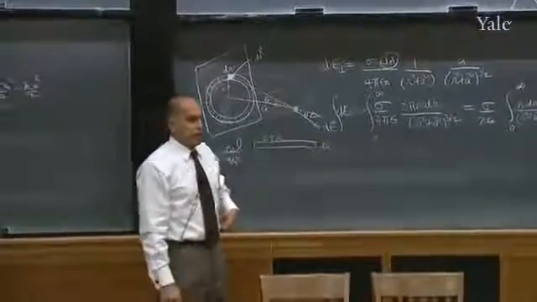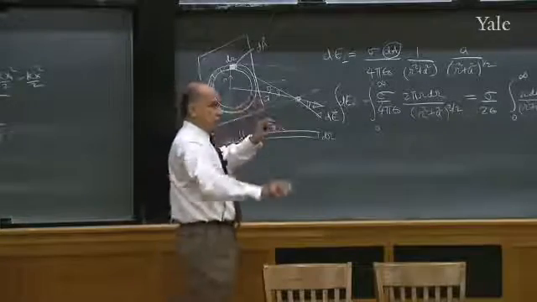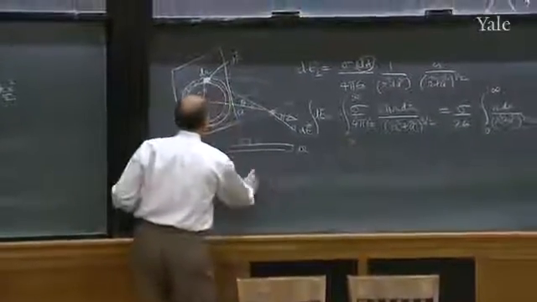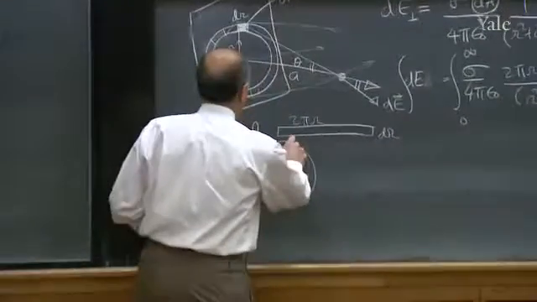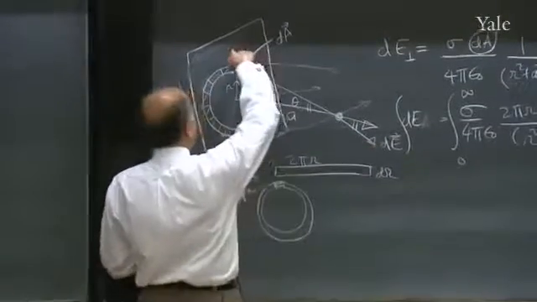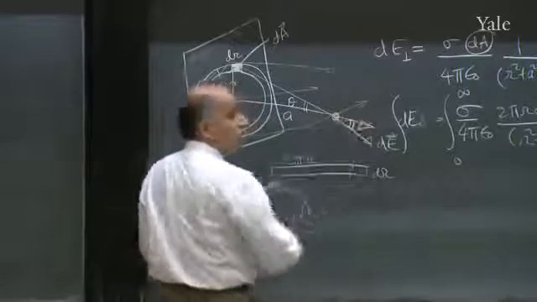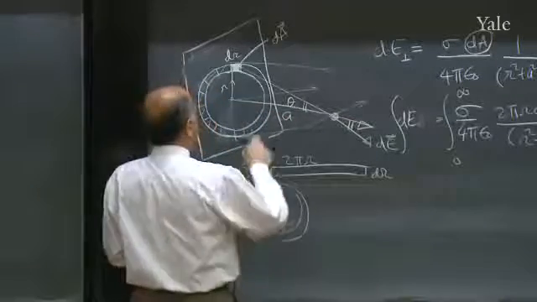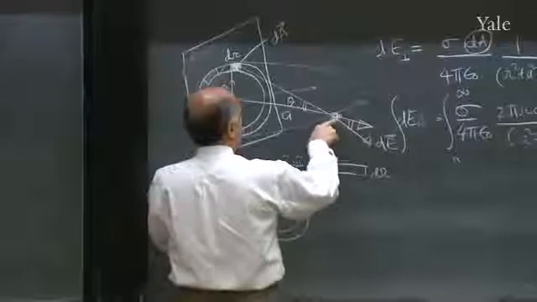So do you understand what I did? I broke the plane into concentric rings, and I took one ring. I'm looking head on at that ring. I took a portion of that ring and saw what field it produces. And I know that even though the field due to that is at an angle, the only part that's going to remain is the part perpendicular to the plane, because the counterpart of this one on the other side will produce a similar field with the opposite angle here.